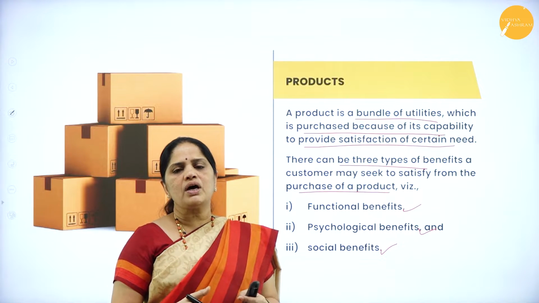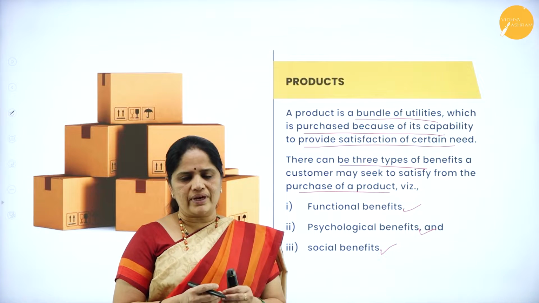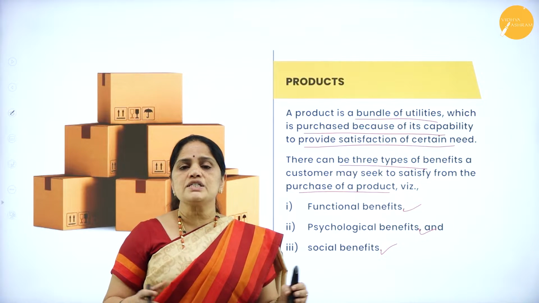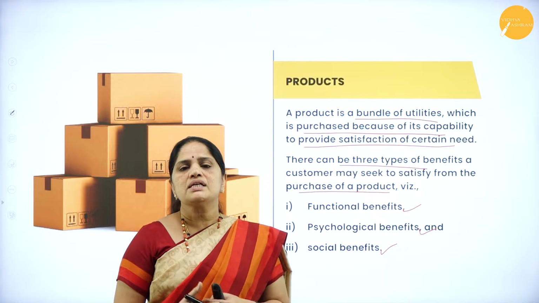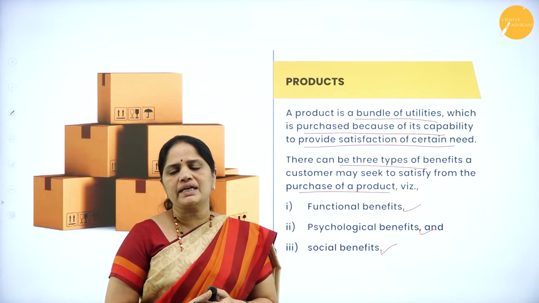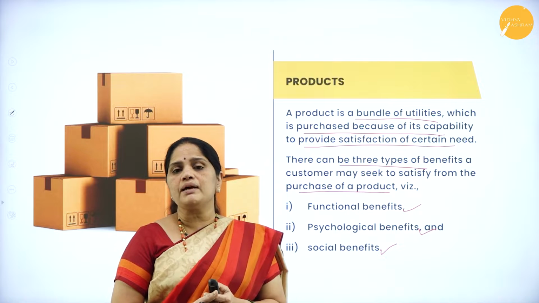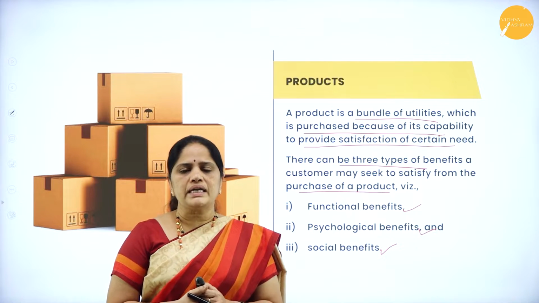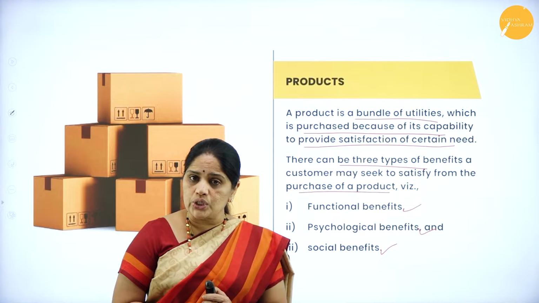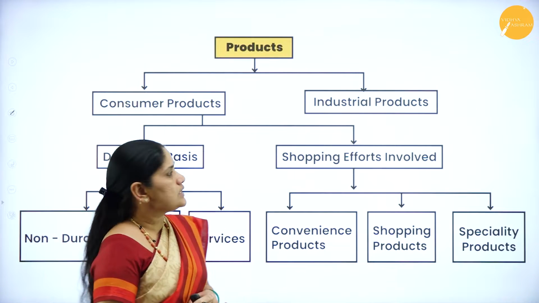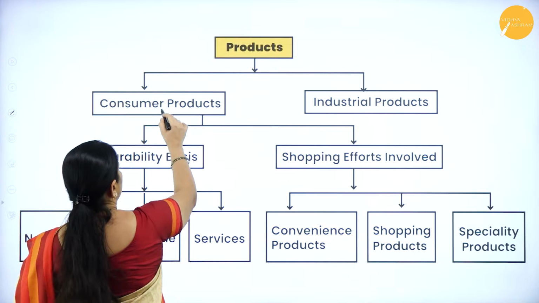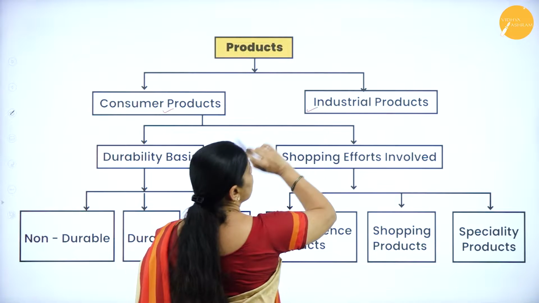Suppose it is a small car, then he will get one kind of prestige, and if he is moving around in a very big car, then that will add to his status. So, in this way, we can say that a product is not only a bundle of utilities, but it offers other benefits also. Then, next, we will classify the products into consumer products and industrial products.